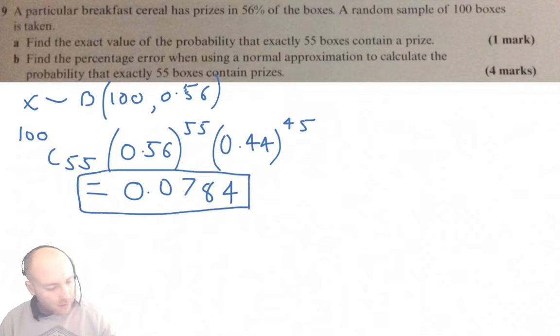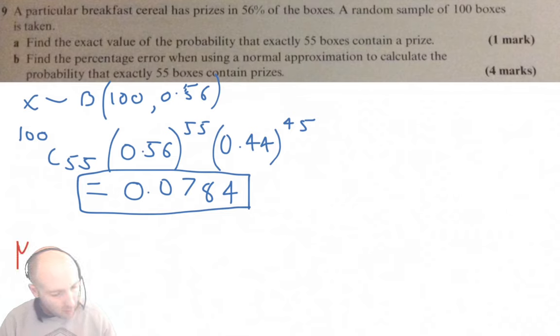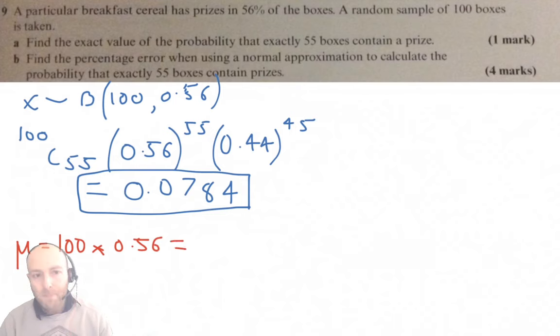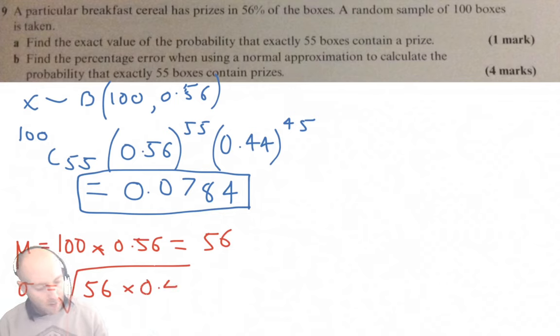Part B then, we need to find the normal distribution. So mu is going to be 100 times 0.56, so 56. Sigma is going to be root of 56 times 0.44, which I got as 4.96.